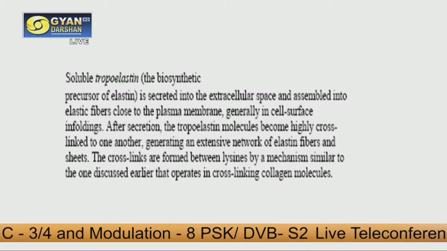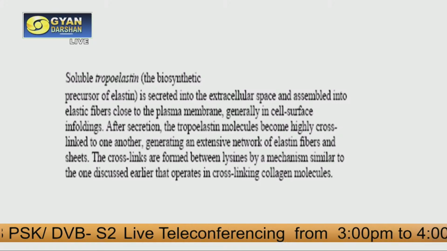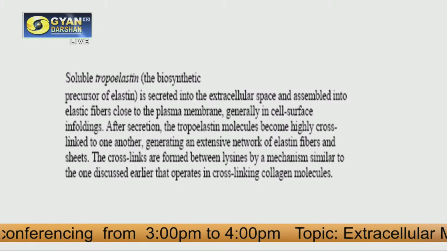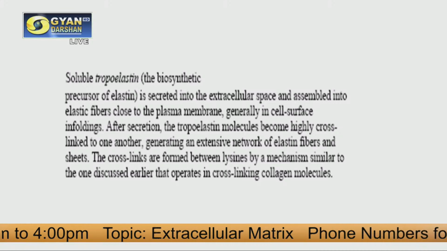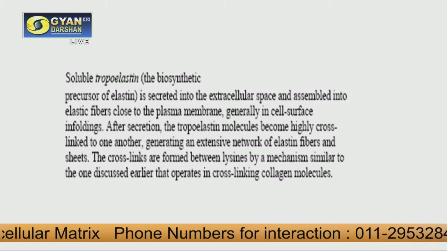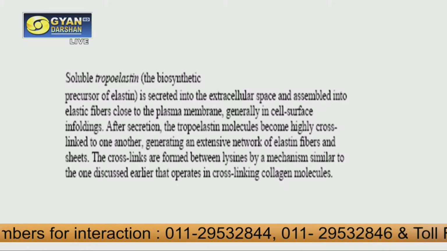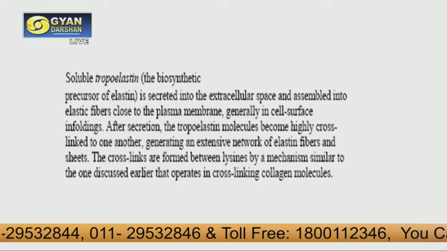So here we are discussing how the elastin molecules are synthesized. Initially it is tropoelastin. Tropoelastin is secreted in the extracellular space, and then after secretion they become extensively cross-linked and form an extensive network of elastin fibers. Now, how are these cross-links formed?